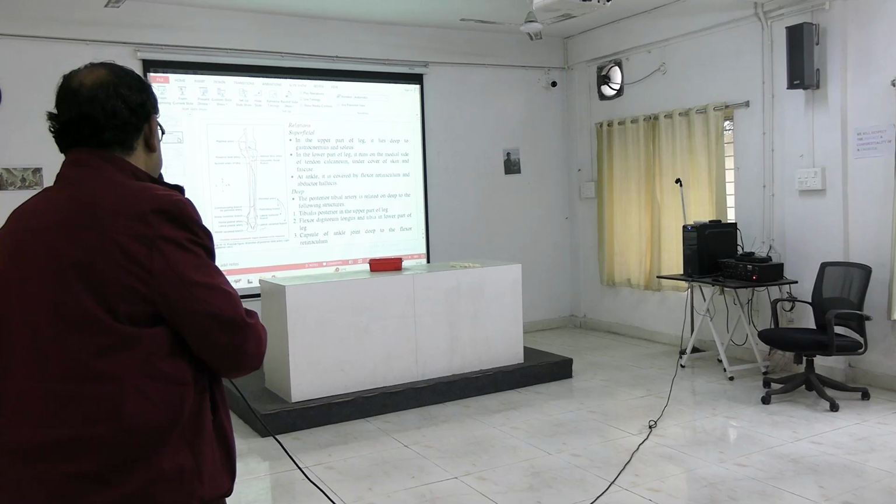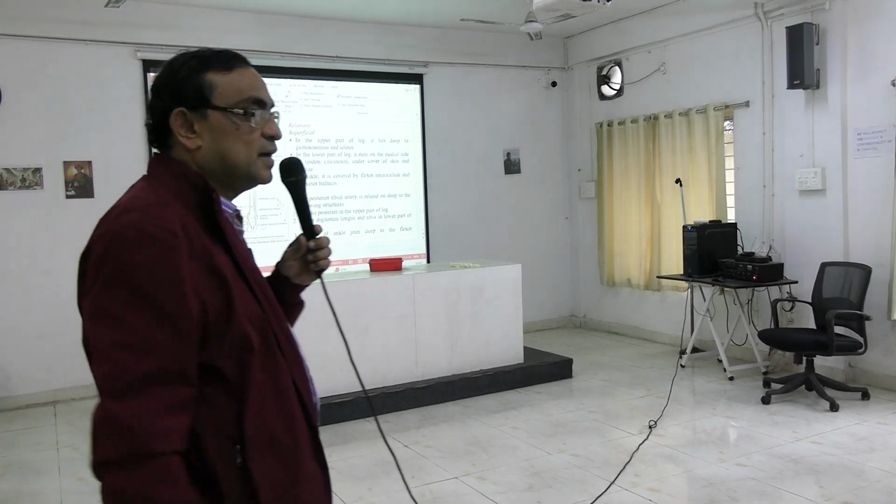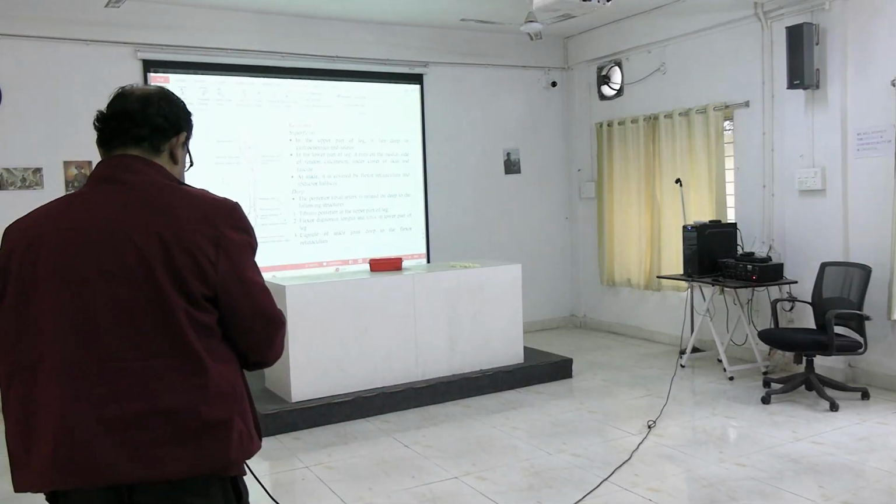And here we are getting the posterior tibial artery, from where we get one branch, the peroneal or fibular artery. Peroneal means fibular; the fibular compartment is called the peroneal compartment. Sometimes this peroneal artery is voluminous, larger than the tibial artery.